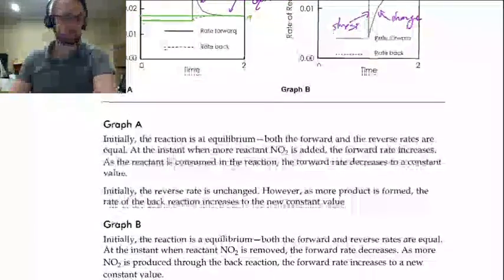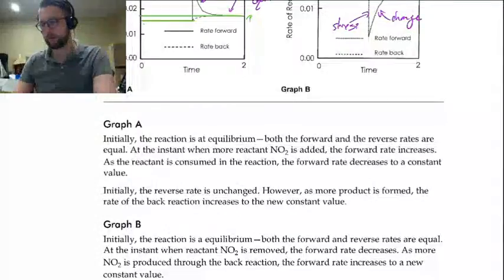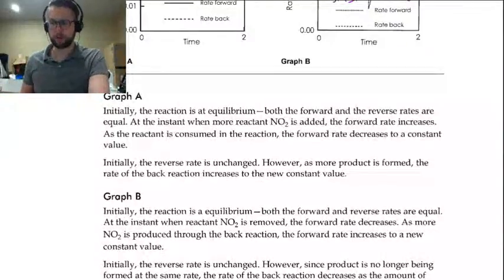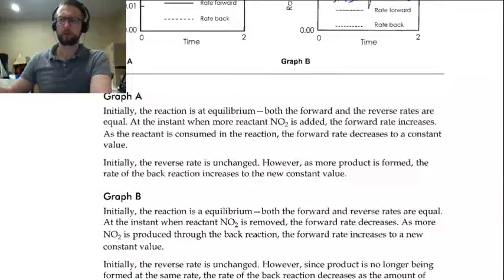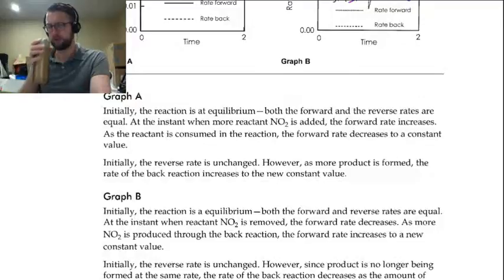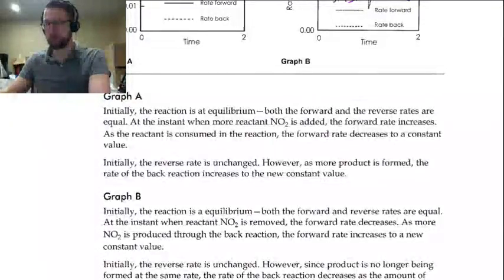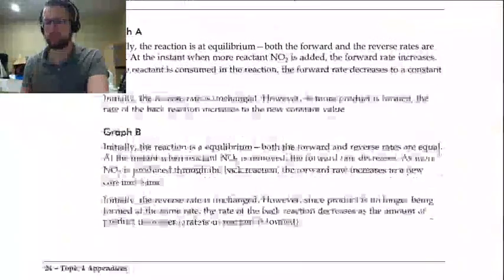Something to consider if you're comparing reactions, or storing a chemical. If you're storing 12 molar HCl compared to storing 6 molar HCl, well, the 12 molar is going to have faster forward and reverse reactions happening inside of it, so it's a more unstable system.